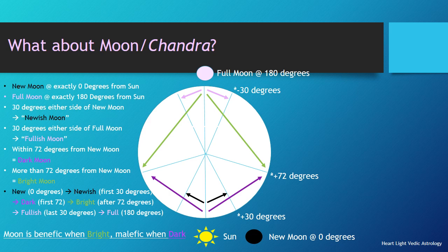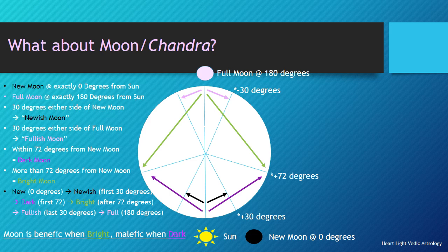Okay, so if we start closest to the sun and move out in order: right on top of the sun, if the moon is at exactly 0 degrees, that's a new moon. If you go 30 degrees out from that, either way, that's a newish moon.